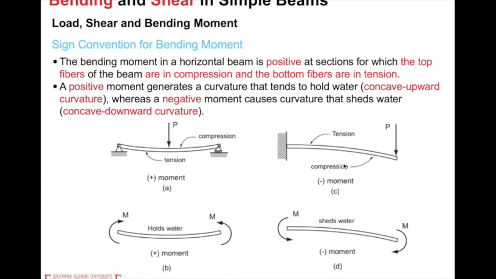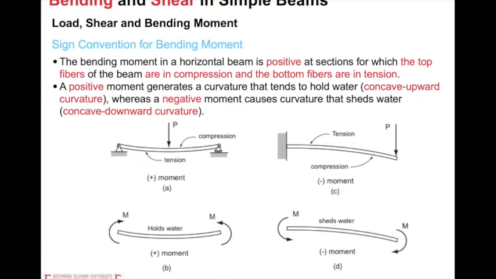And for the right side, C and D, if we apply the force on the right end, which is the free end, and the left side is fixed, then the upper fiber of the material is under tension, and the bottom fiber of the beam is under compression.